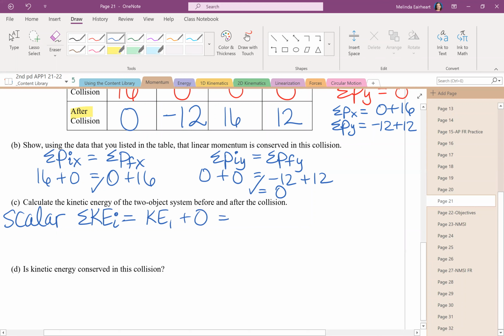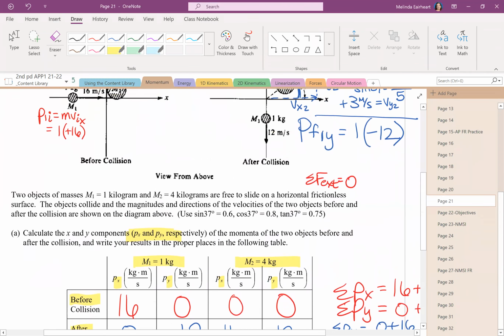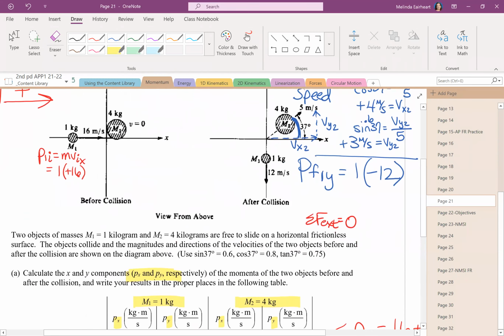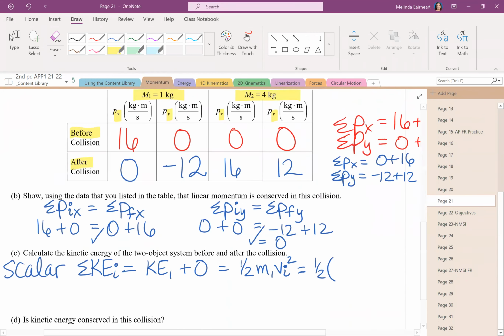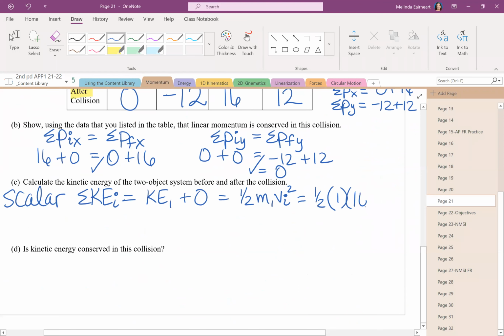Kinetic energy of the first ball, 1/2 m1 times its initial speed squared. And we know both of those numbers. The first ball was our 1 kilogram, I believe, right? And it was traveling at a speed of 16. So 1 times 16 squared and half that. So let me know what you get when you square 16 and take half.